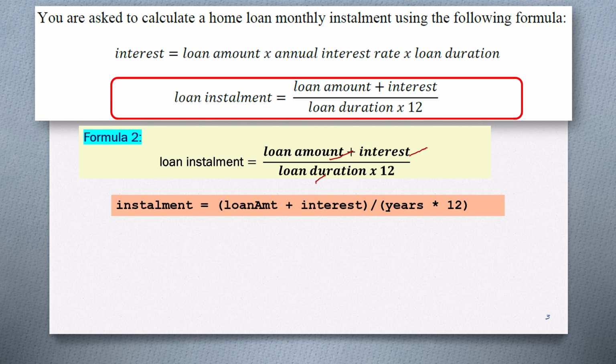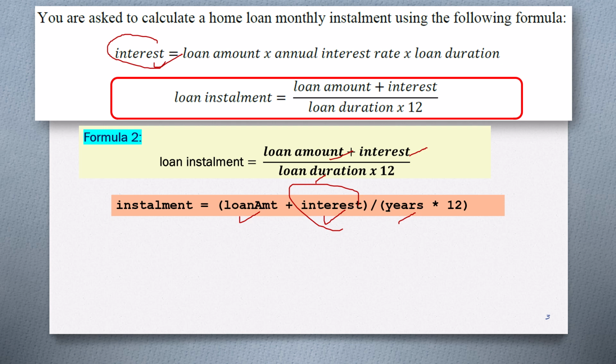Remember the loan amount you already have declared earlier. The interest, you have the calculation in the previous formula. So the interest here is actually taken from this formula. And then the years, multiplied by 12.